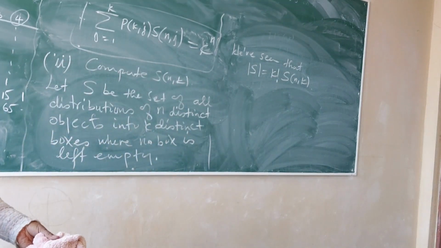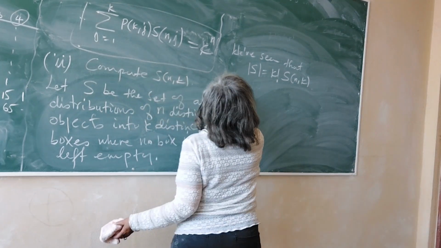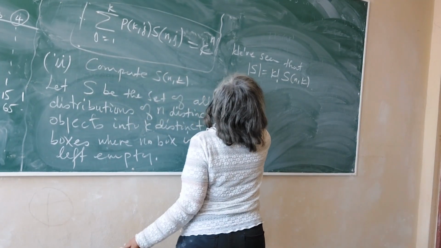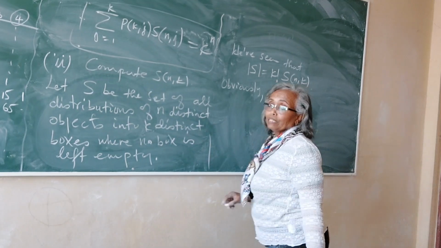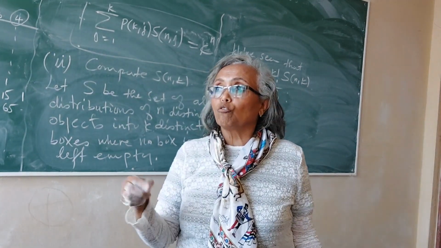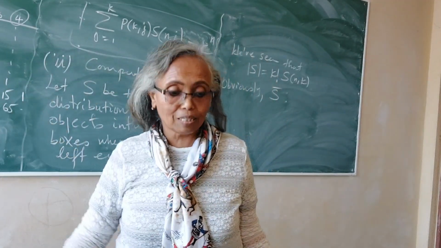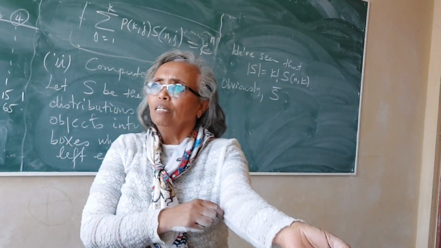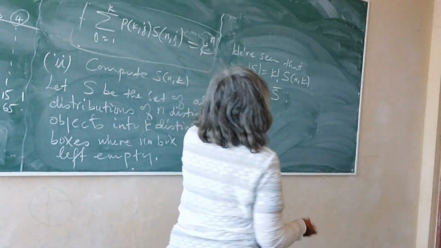Now we are going to count the complement. What's the complement? Well, obviously, S bar is the set of all distributions of n distinct objects into k distinct boxes where at least one box is empty.